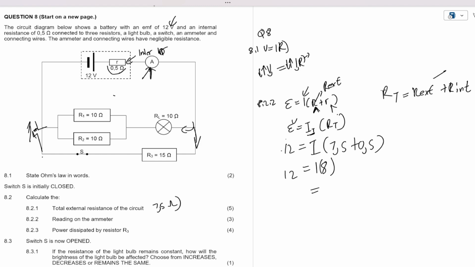Let's divide 12 by 8. It's 1.5. So the total current of this circuit is 1.5 amperes. So let me write my answer here, 1.5 amperes, and then erase.